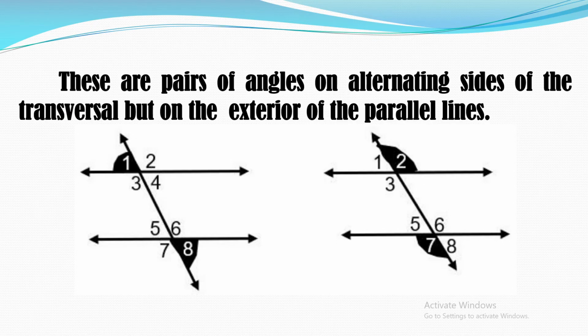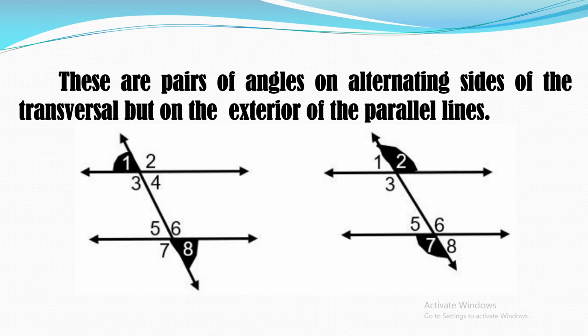Alright, these are pairs of angles on alternating sides of the transversal but on the exterior of the parallel lines. So this time we have angles on the exterior of the parallel lines.